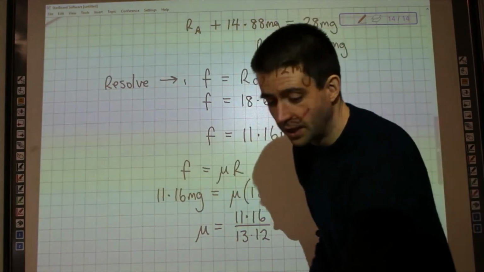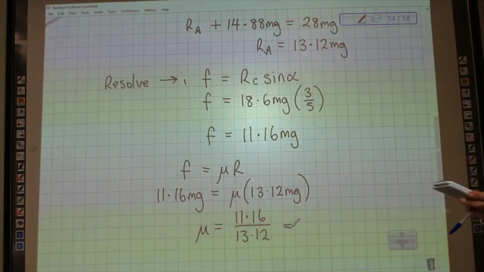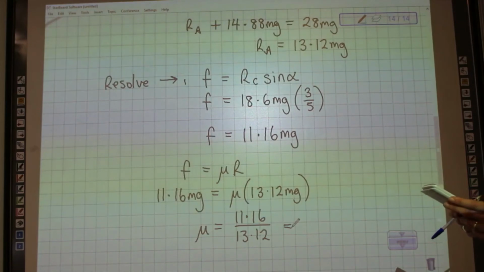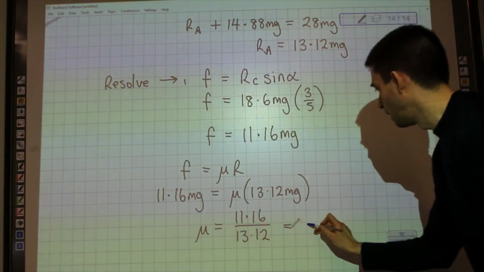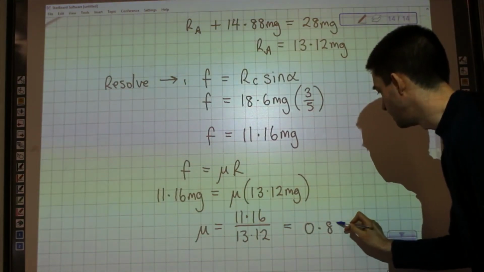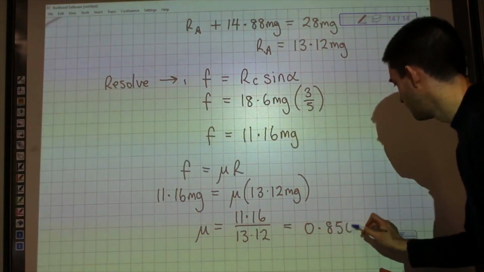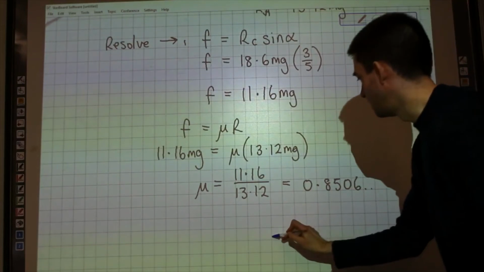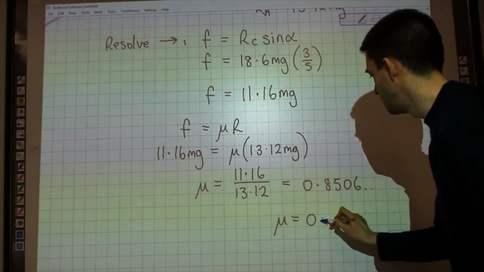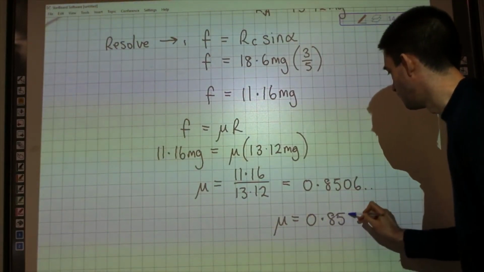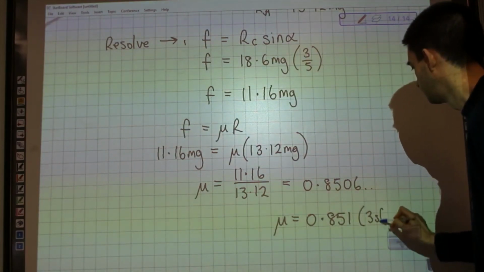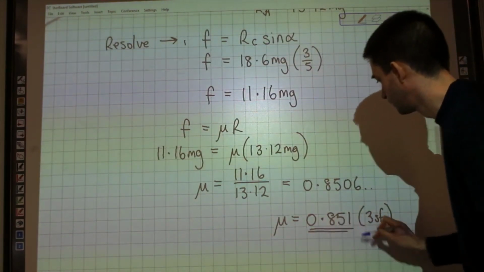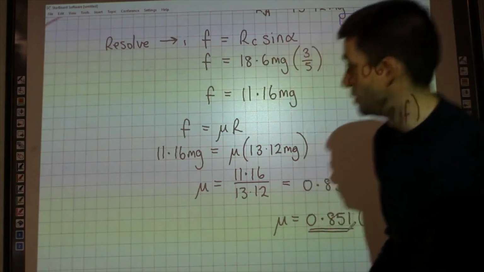So all I'm really doing is 11.16 divided by 13.12, which comes out as 0.8506. So to three significant figures, mu is 0.851, which is the maximum value that mu can be.